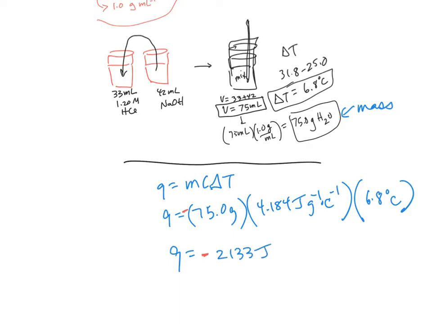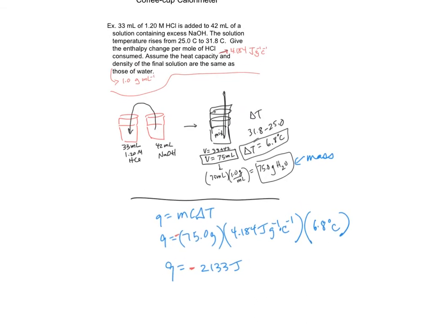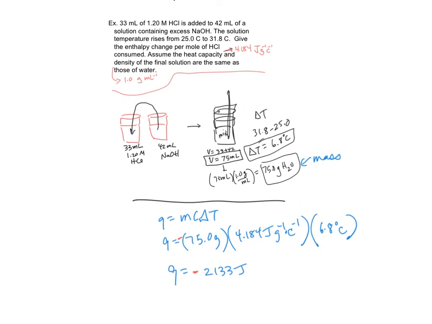All right, now if you go back and read the problem again, give the enthalpy change per mole of HCl consumed. So what we've got here is the enthalpy change, because this is delta H, right?